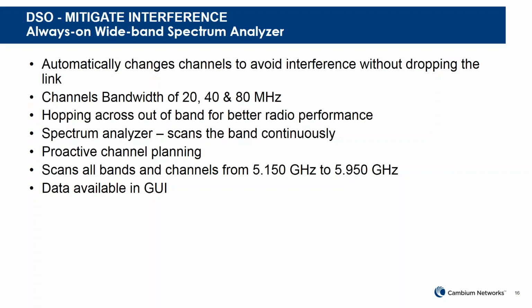The main advantage of DSO is you can set a certain threshold or interference level. So if your RX receiver sensitivity drops below a certain level, you can set it to trigger a DSO. What DSO basically does is scan across the board for the next best channel, given you hit this trigger point. In that case, all the data moves from channel A to channel B, or whichever channel wants to move out.